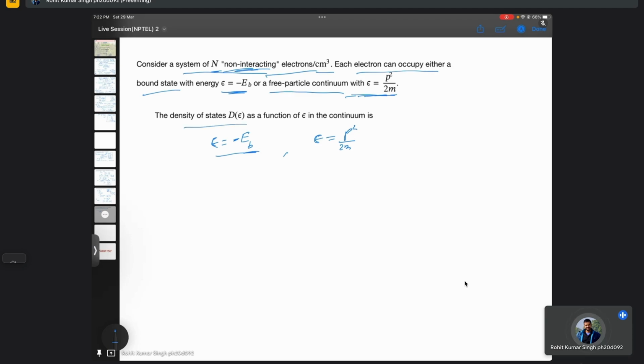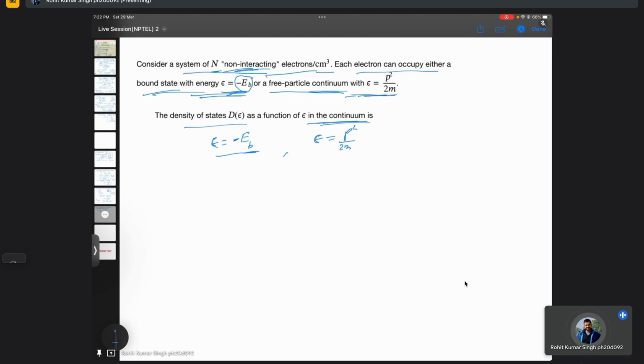Now we have to calculate the density of states as a function of E, in the continuum case only, not in the bound state case, because in the bound state there is no concept of density of states, since each state has this energy minus EB and they are distinguishable. But in the free particle continuum, we have to consider the density of states.